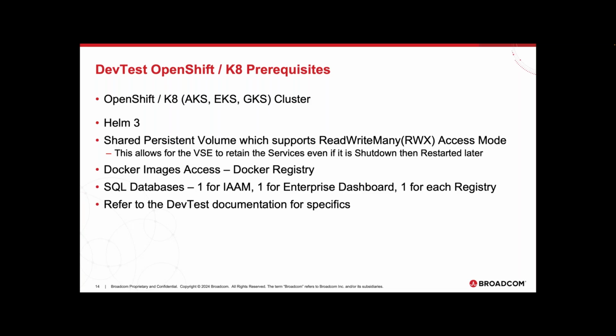Likewise, if you have a Kubernetes cluster like Azure Kubernetes Service, Elastic Kubernetes Service on AWS, or Google Kubernetes Engine, those kinds of clusters you will need. For automating this dev test, you will need Helm version 3. Then we also need a shared persistent volume which supports the read write many access mode, right?